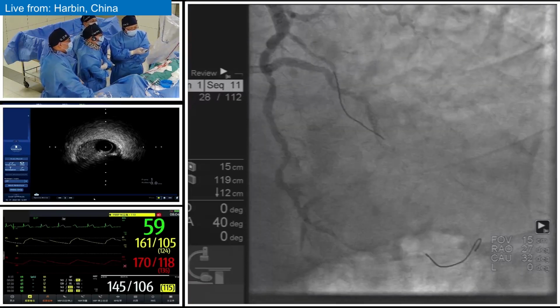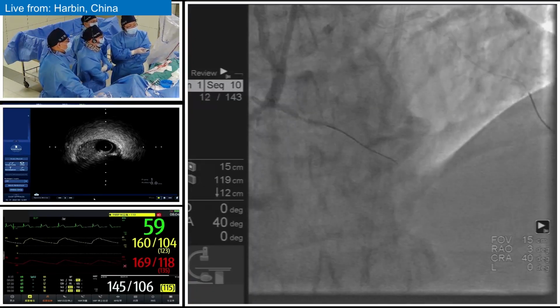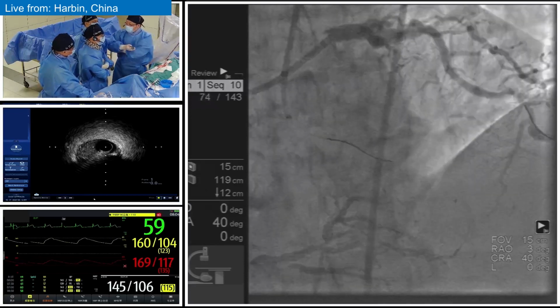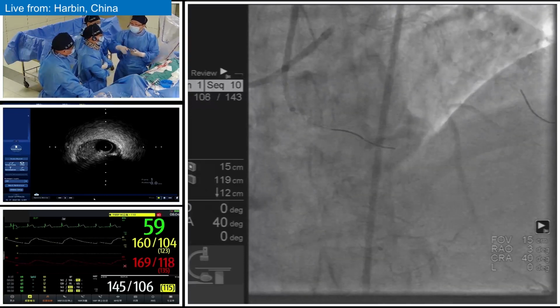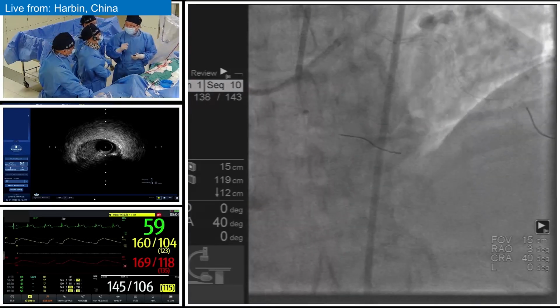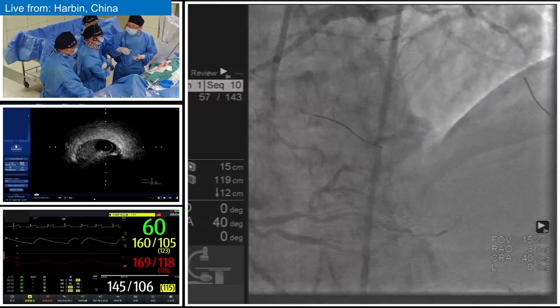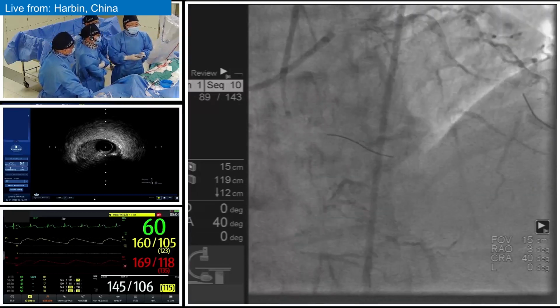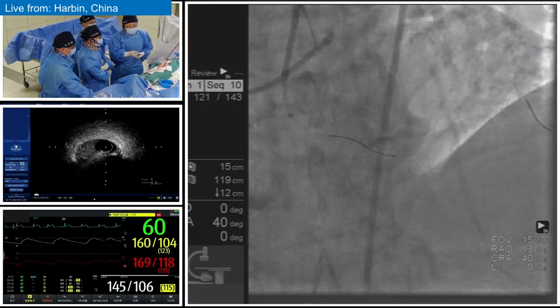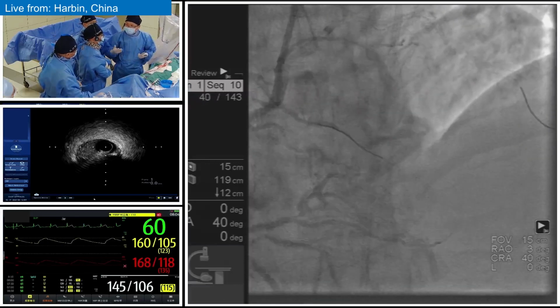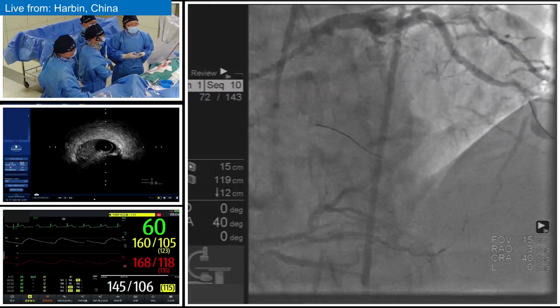The antegrade wire will come to the LAD occlusion, but maybe in a spiral style. That means the wire in the media, in the subintimal space, couldn't come into the distal lumen, and the course of the wiring spends a long time for the operator.